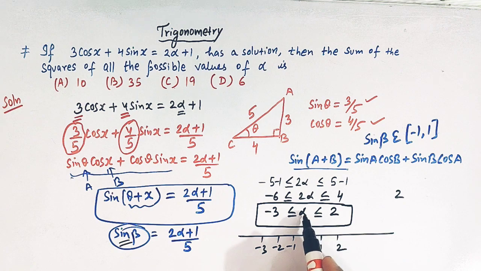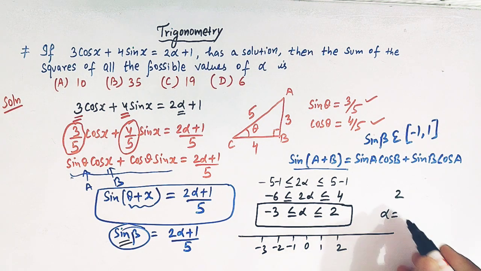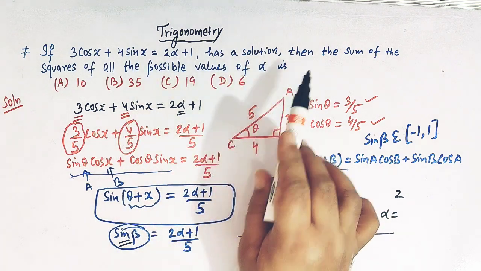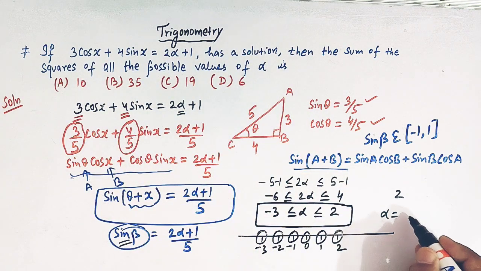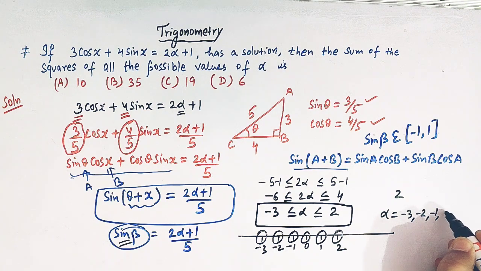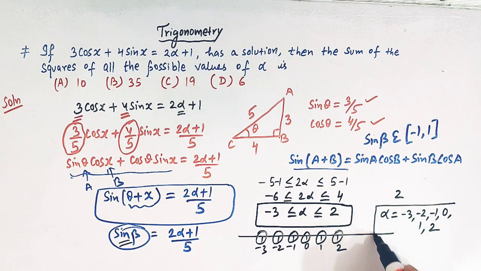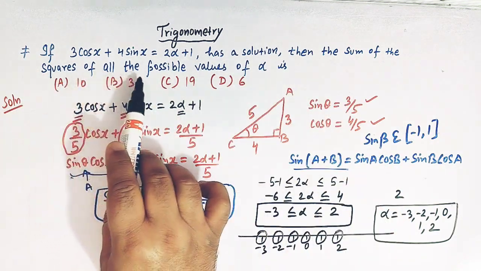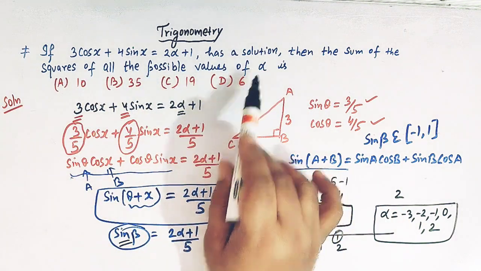So alpha takes the values minus 3, minus 2, minus 1, 0, 1 and 2. These are the possible values of alpha, and we have to find the sum of the squares of all the possible values of alpha.